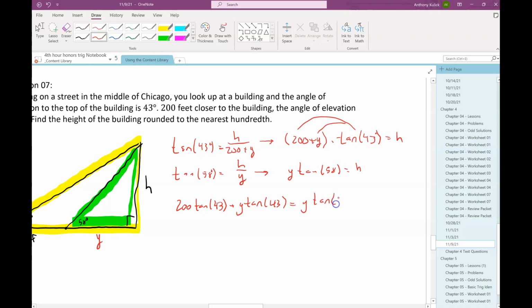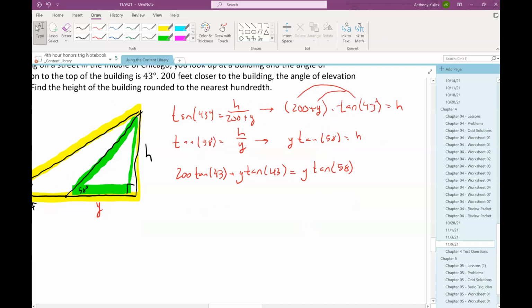So far, so good? Okay. I notice that I just have y's left. So to solve for y, I need to get them both on the same side. So I'm going to subtract y times tan 43 from both sides. After I do that, I notice that on the right side, everything has a factor of y in it.